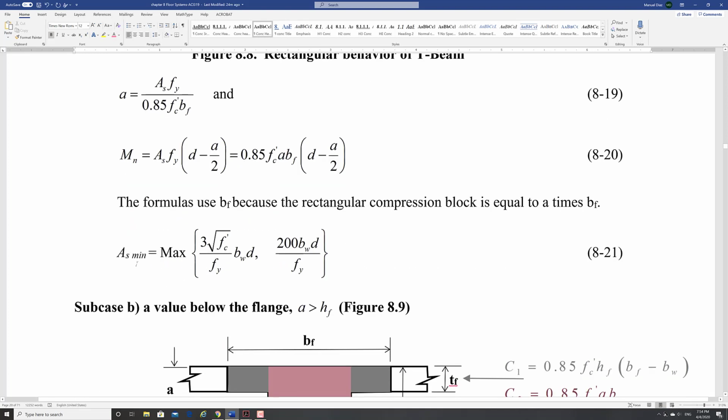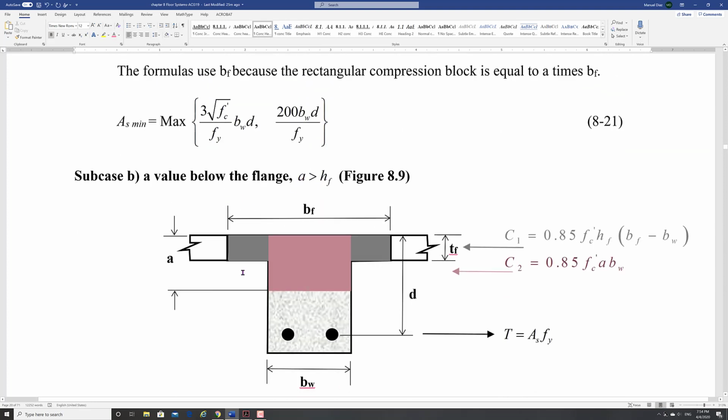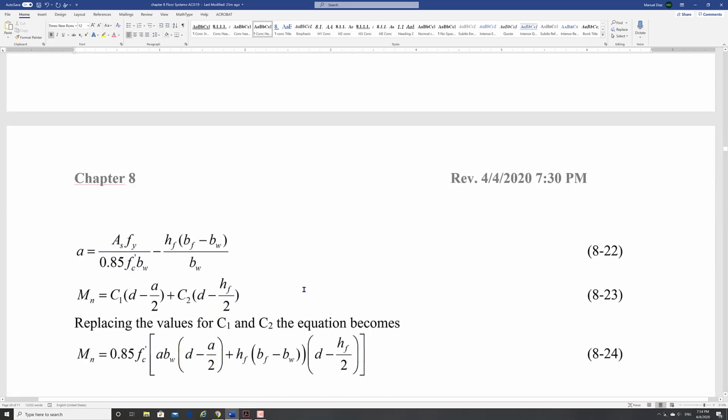When you go to your A is minimum, you check for these formulas here, right? A is minimum, and these are the same formulas we've been using. If your A goes into the flange, then we have this issue of having two different compression forces, and they have to be in equilibrium, and we developed this formula already.